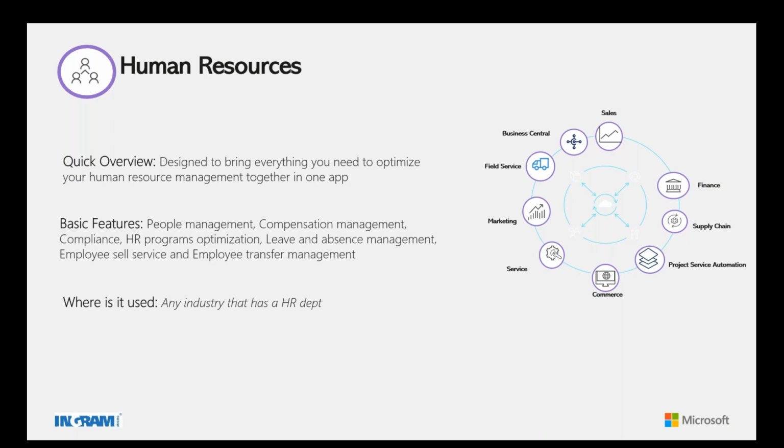It also enables you to comply, keeps track of performance feedback, standardizes training, and provides self-service programs. So if your customer or the stakeholders are talking about people management, managing compensations, or anything related to HR programs and employee self-service, then human resource is your go-to app.